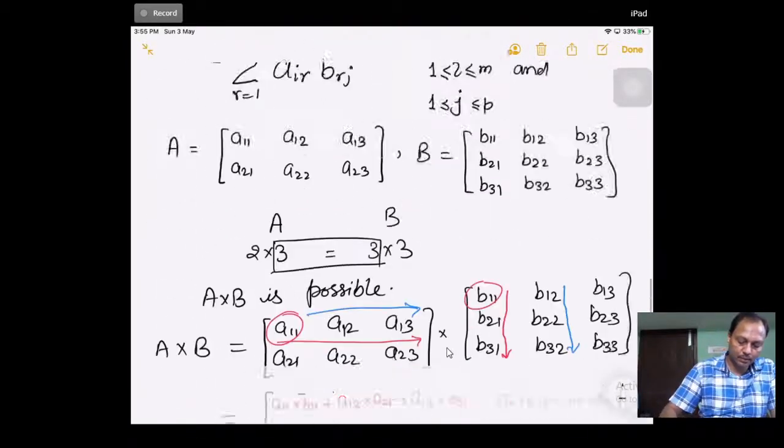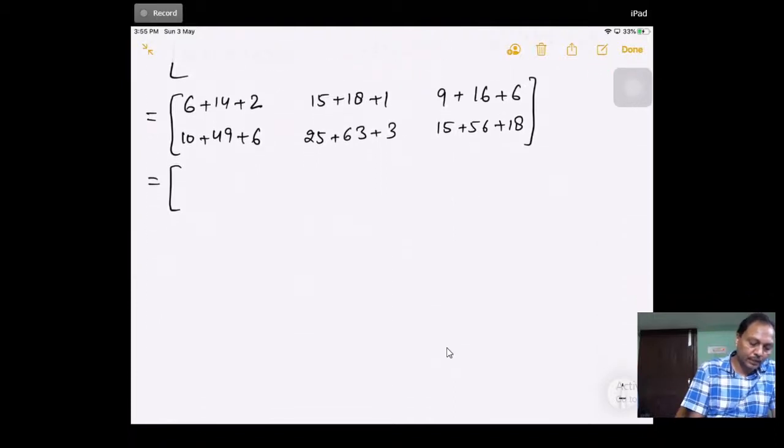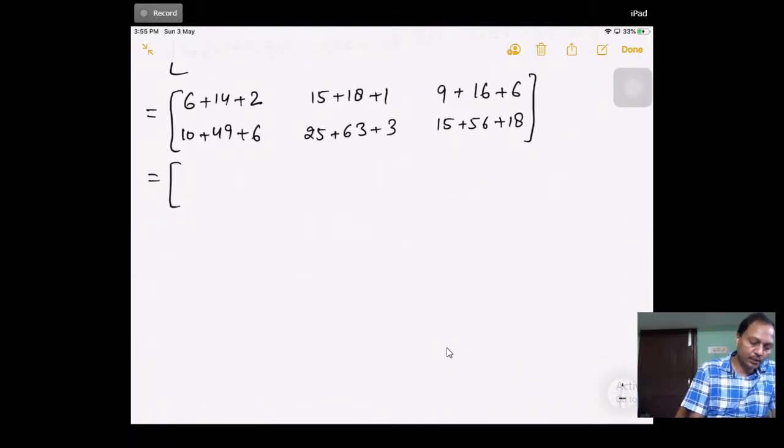Now add the numbers to find the various elements. It is 6 plus 14, 20, plus 2, 22. It is 15 plus 18, that is 33 plus 1, that is 34. Now 9 plus 16, that is 25, 25 plus 6, that is 31. Now 10 plus 49, 59, 59 plus 6, that is 65.